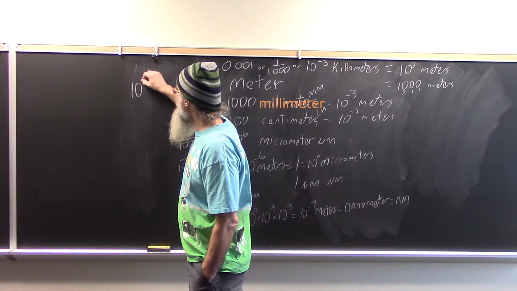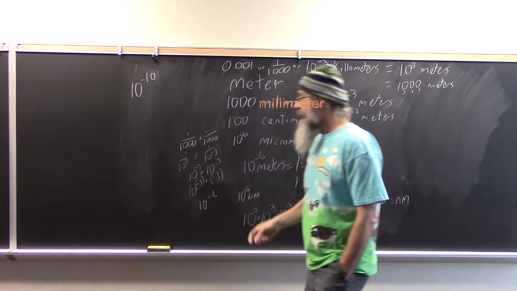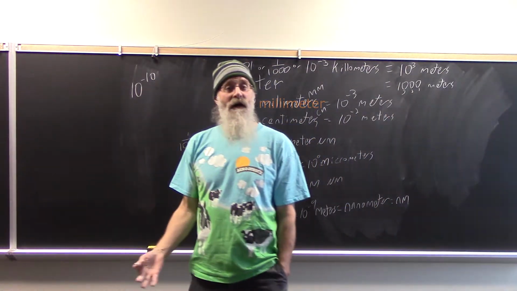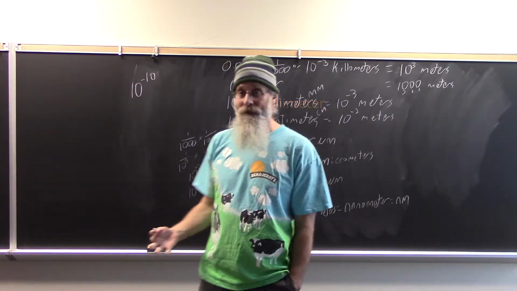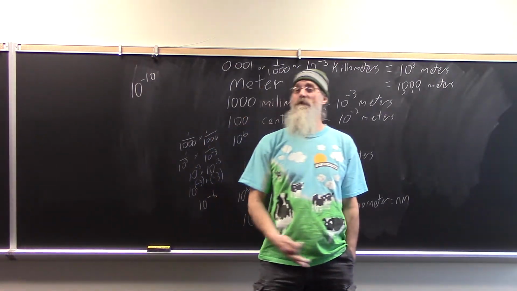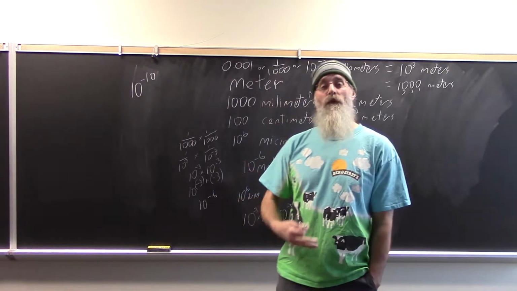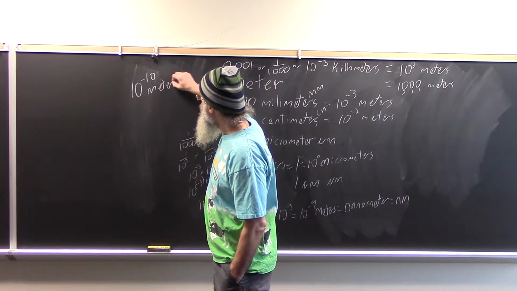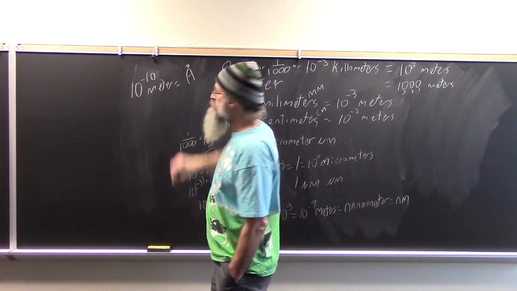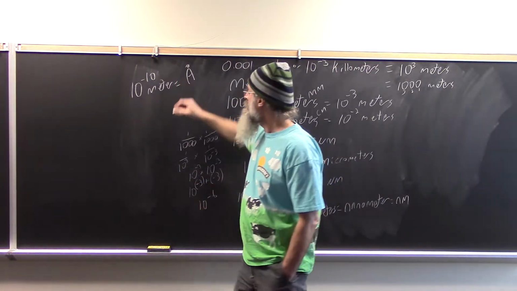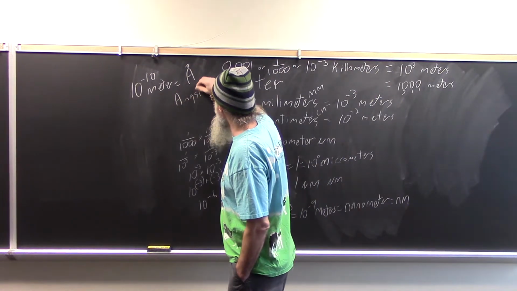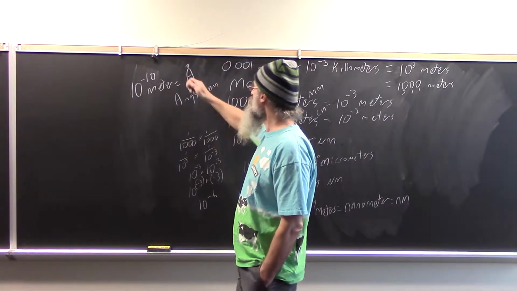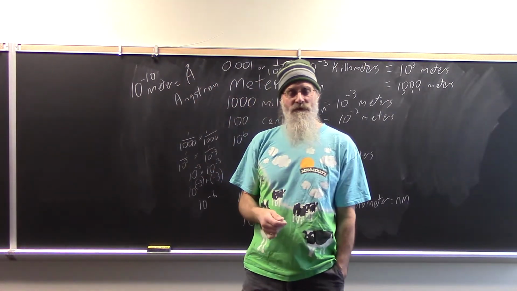So how much is 10 to the minus 10? If 10 to the minus 9 is 1 over a billion, then 10 to the minus 10 must be 1 over 10 billion. So 1/10,000,000,000th of a meter is equal to an angstrom, which is a person's name. Apparently the term comes from Swedish, and this is a Swedish letter. It's A with this circle on top.